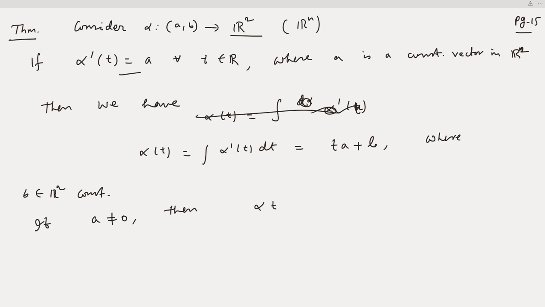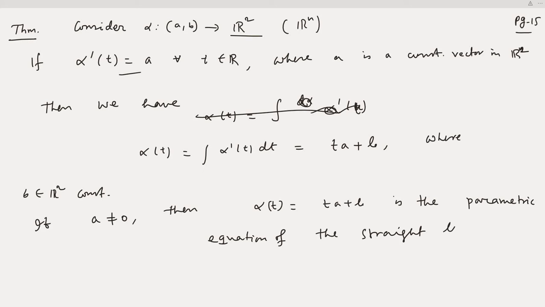And if a is not equal to 0, that is, if this derivative is not equal to 0, then alpha of t equal to t a plus b is the parametric equation of the straight line parallel to a and passing through b.